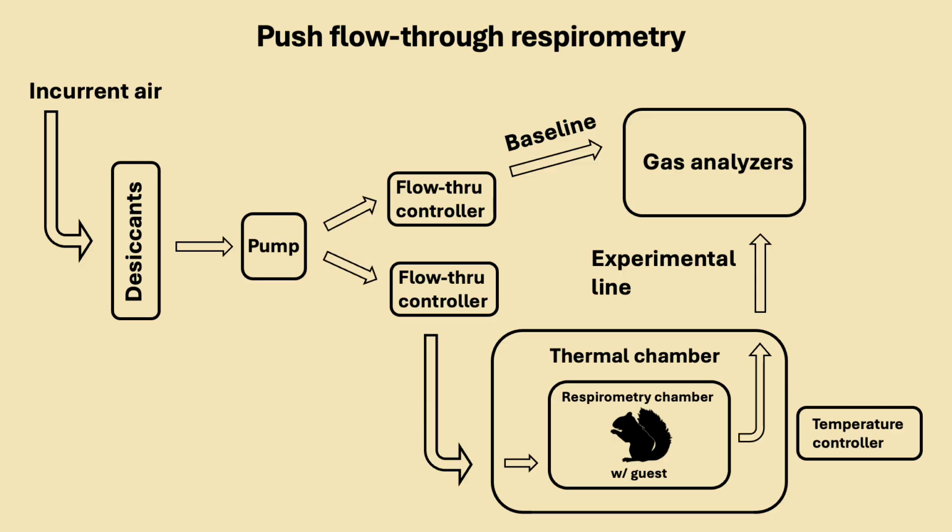So we take these individuals, we put them in a box that goes in another box for which we can control the temperature, and then we flow dried air into the box with the squirrel, and then that shunts out air into a gas analyzer where we can measure the oxygen consumed by the squirrel, the CO2 and water produced, and we can get a sense for the metabolic response to a particular temperature regime.